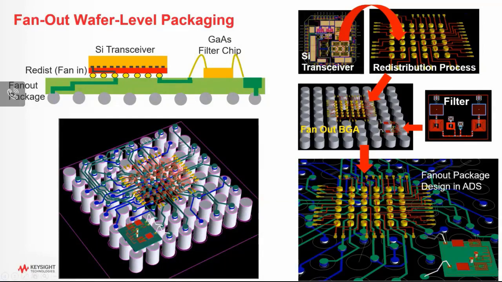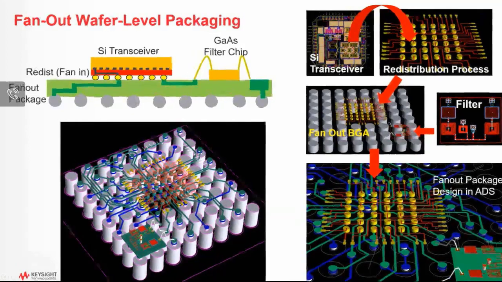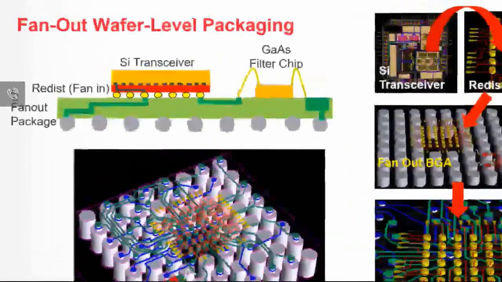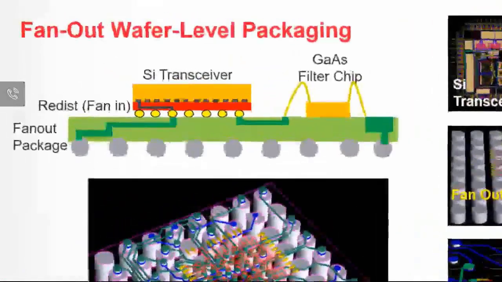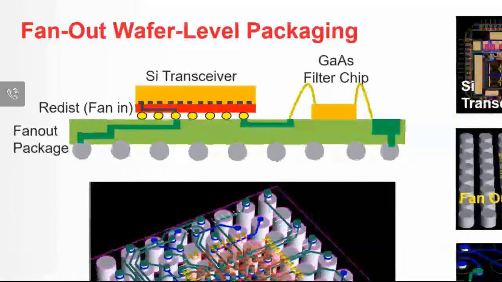The RF module and interconnect routing I'm using here consist of a silicon-based RF transceiver chip and a gallium arsenide filter, a multi-technology assembly on a fan-out wafer-level package.